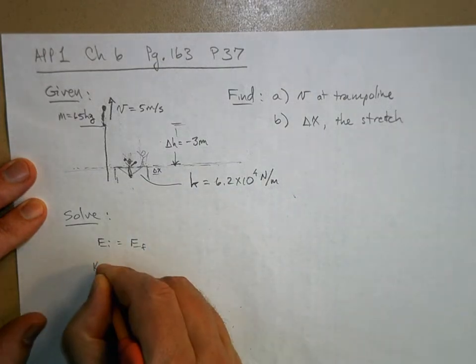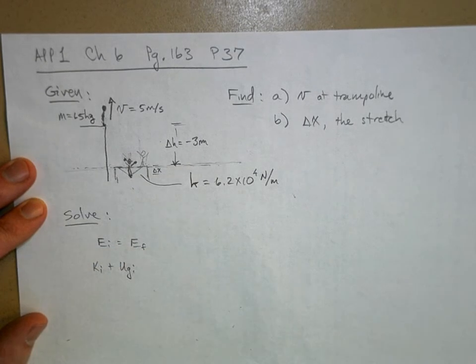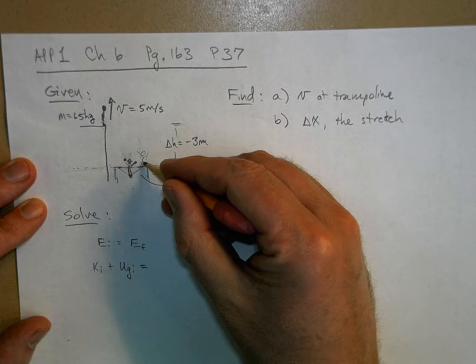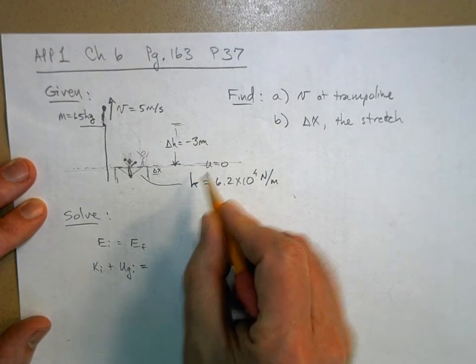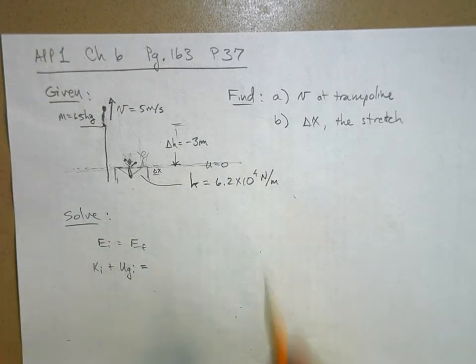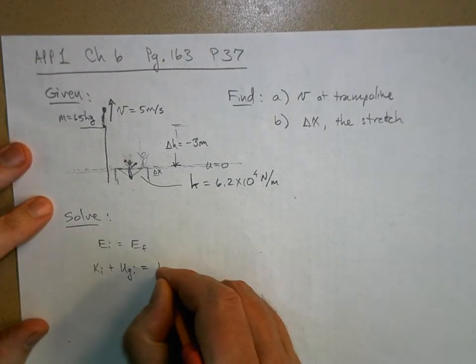So initial kinetic energy plus initial gravitational potential energy is going to equal their final energy. Now, if I say U equals 0 right here at the top of the trampoline, that means they don't have any gravitational potential energy anymore. It's 0. But they do have kinetic energy, and that's going to be K final.